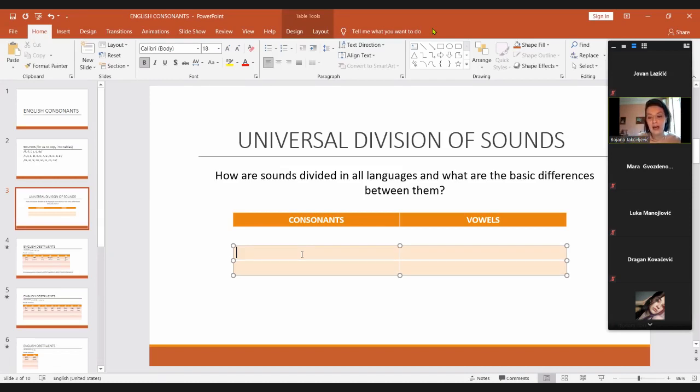So basically, as you said, Mara, with consonants we have some kind of obstacle, or obstruction to the air stream. And in the case of vowels, the mouth is open, so we have a rather free flow of air. So this would be the articulatory difference.